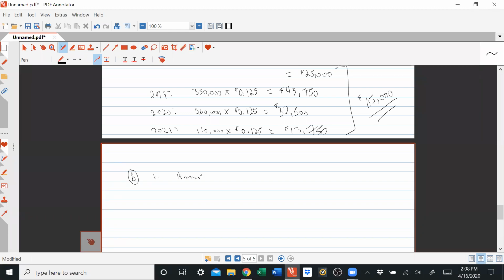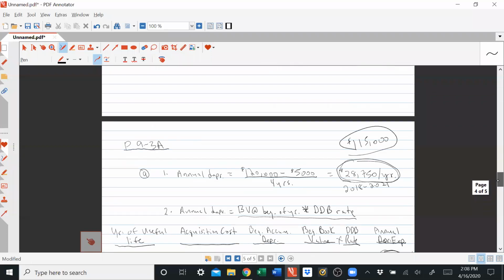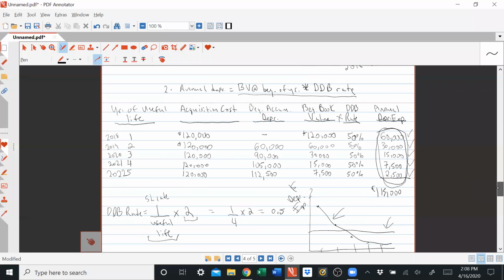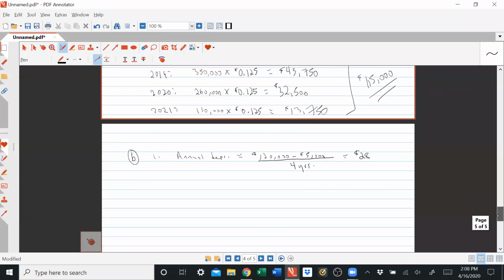Again, annual depreciation under the straight line method is acquisition cost minus salvage value, divided by useful life. We're going to get the same number we got up here, 28,750 per year, because it's the same calculation.